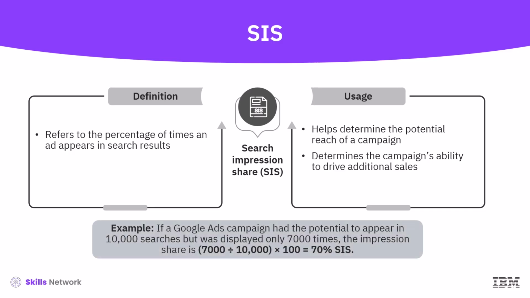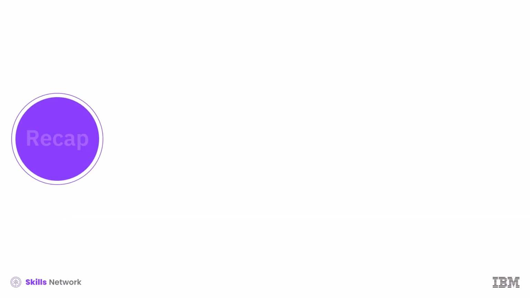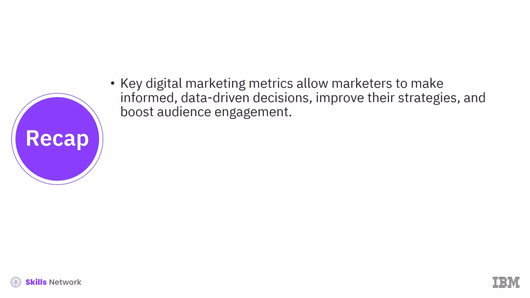For example, if a Google Ads campaign had the potential to appear in 10,000 searches but was displayed only 7,000 times, the impression share would be calculated as 7,000 divided by 10,000 and then multiplying the output by 100, resulting in a 70% SIS.